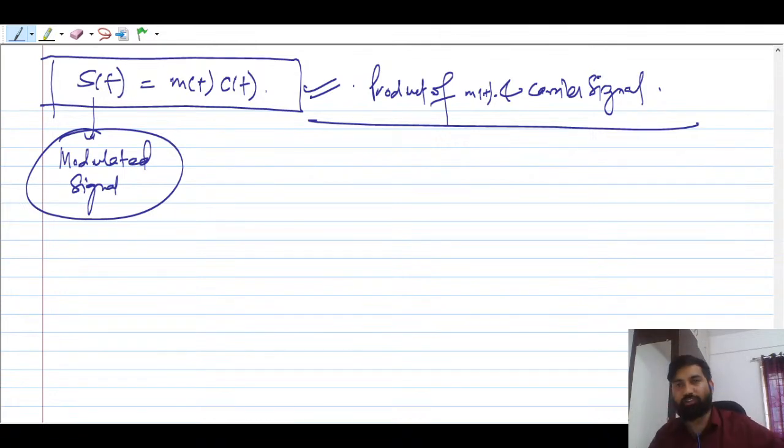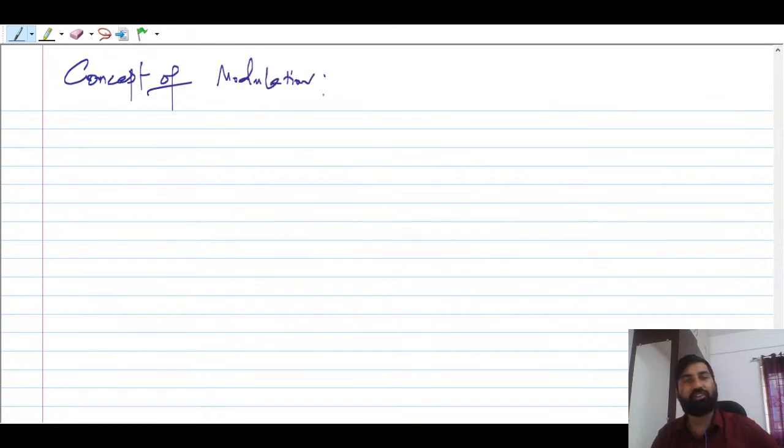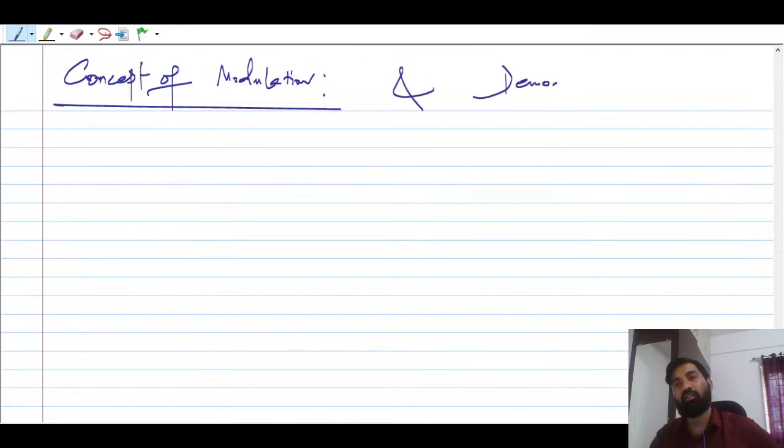So what is the concept of modulation and demodulation? That we have to understand, right? In general, concept of modulation and demodulation, that is also very important. And basically we have to always focus on two resources of communication system.